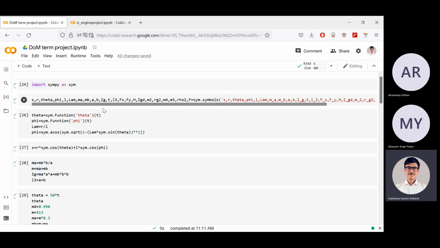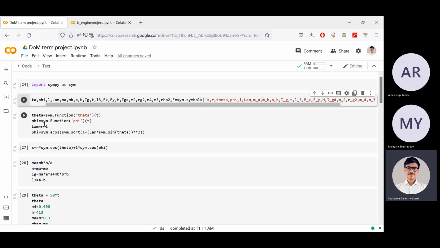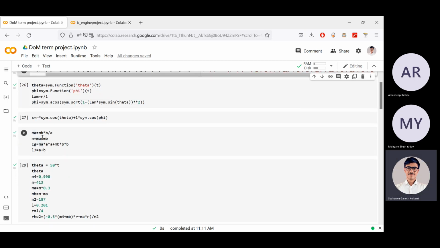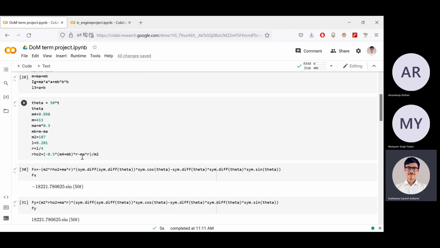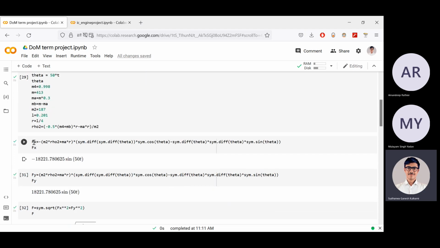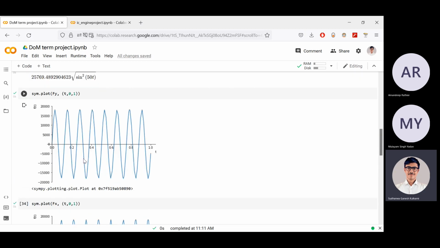So here are the declared variables, and this is theta, phi, lambda, which is r by l, and these are the general equations which were discussed in the class, and we have assumed some practical values of the masses and lengths of the links according to the BMW engine. And so these are the same equations as we have seen in the slides itself.